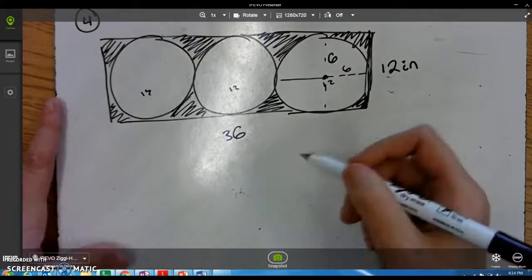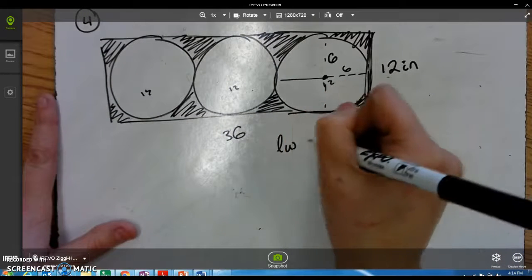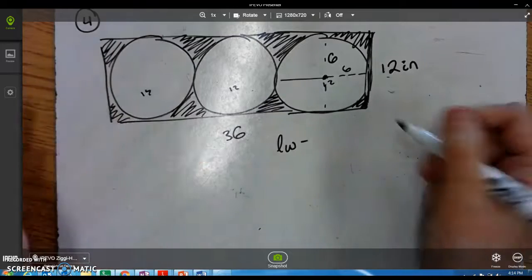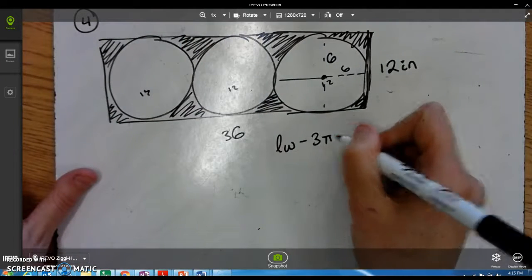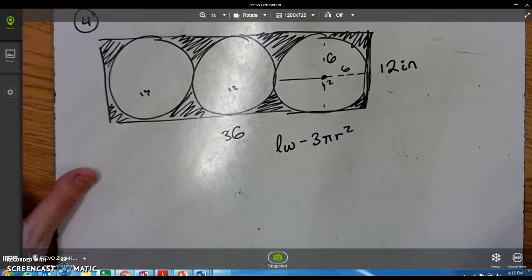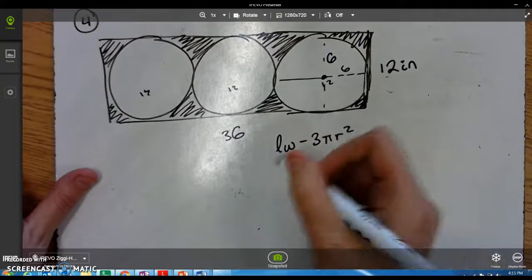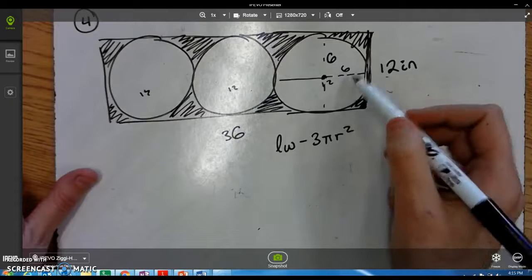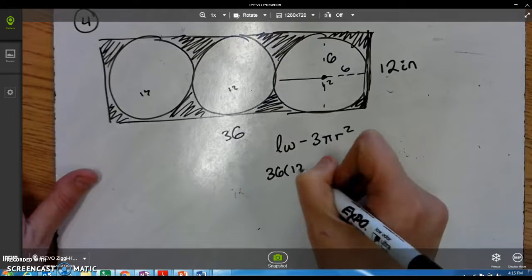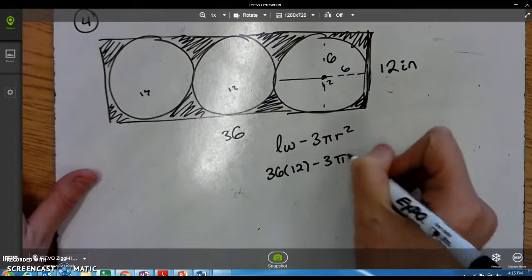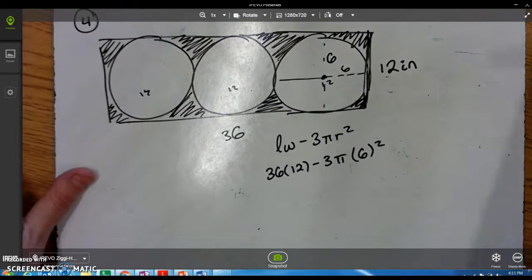So my formula is going to be the rectangle minus the 3 circles, and all these circles are the same size, so we're going to do 3 times the circle formula. We just figured out length and width, and we actually already figured out the radius. So all we got to do now is plug it in. Put it in the calculator.